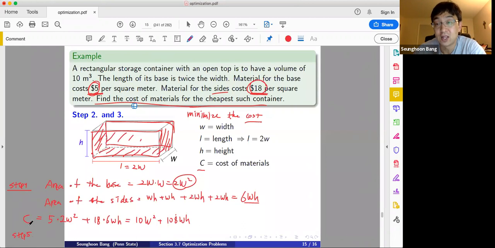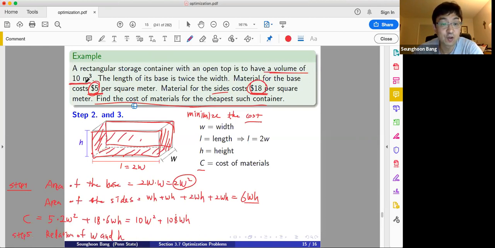We have two variables right now, W and H. How can you find the relation of W and H? The relation of W and height H is here.